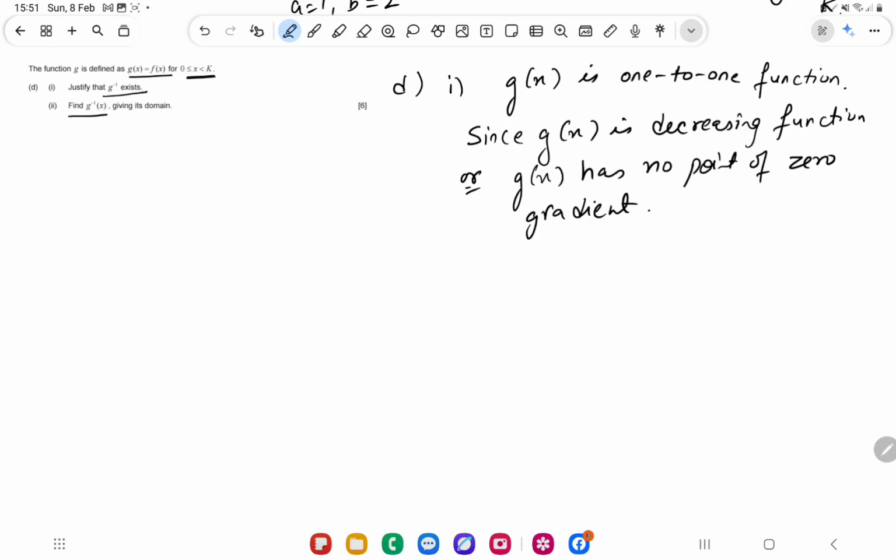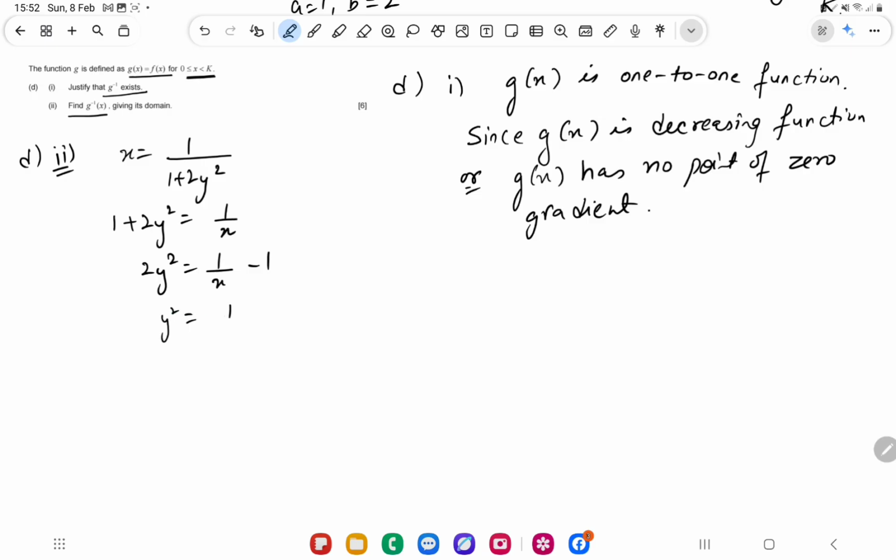Now the second part says find g inverse x. As we have justified that it exists, we have to find the inverse. So we will first swap x and y. I will solve the second part here. So I can write that x is equal to 1 upon 1 plus 2y square. Now I have to make y the subject. So I can write 1 upon x minus 1, so my y square is 1 upon 2x minus 1 upon 2.